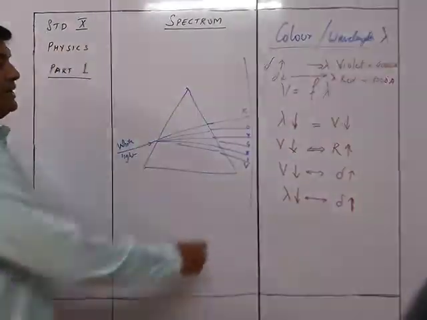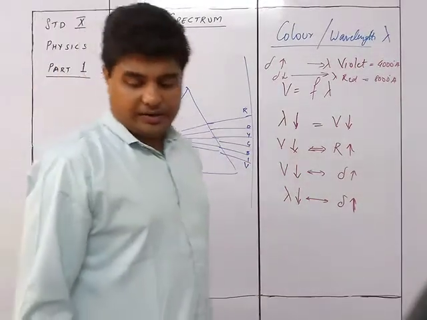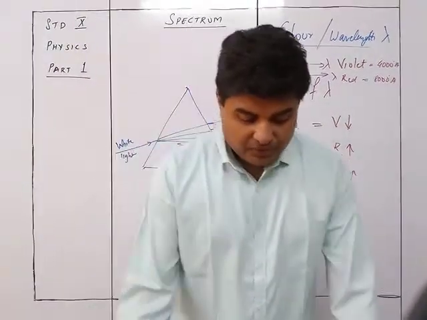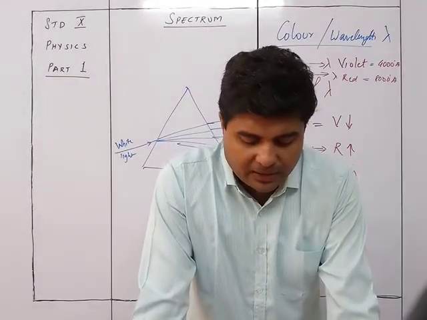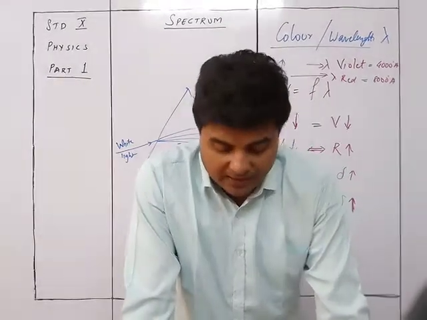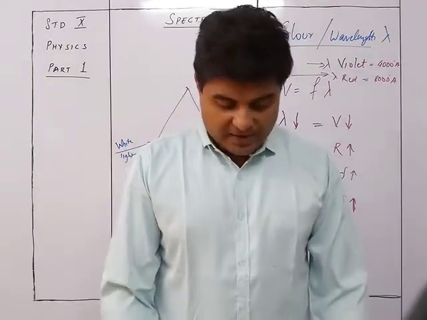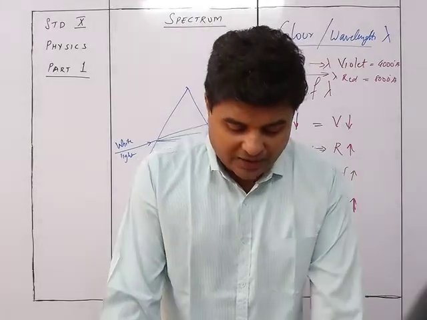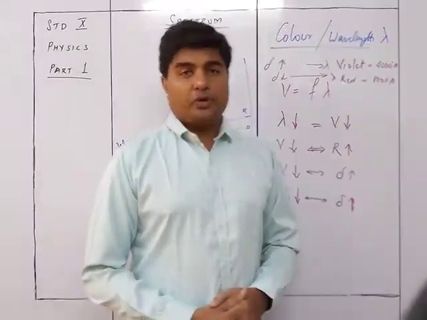So the spectrum is nothing but this particular band of colors. Starting from the side of the base of the prism, the order of the colors in the spectrum on the screen is violet, indigo, blue, green, yellow, orange and red. This order of colors in the spectrum is easily remembered by the word VIBGYOR.